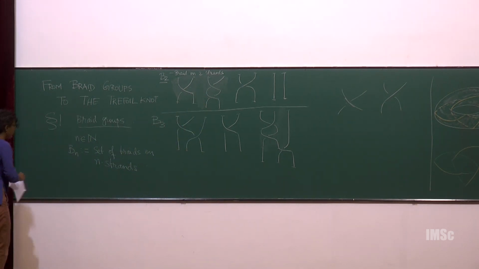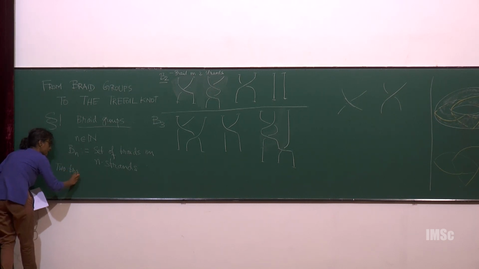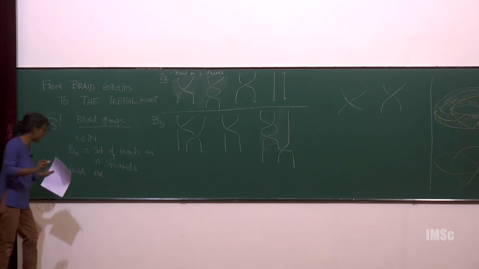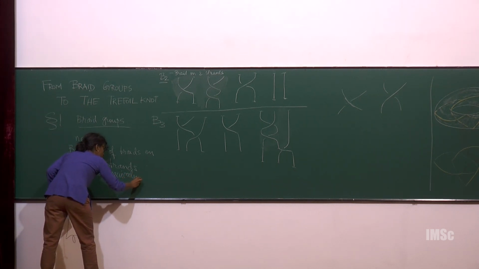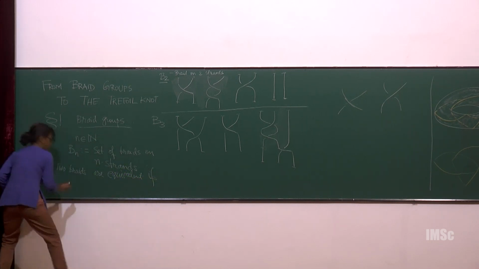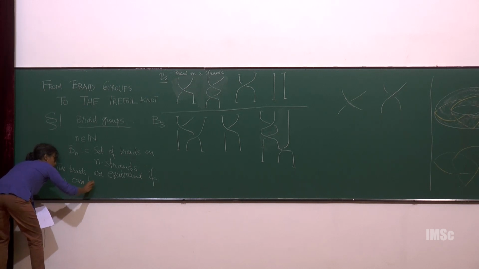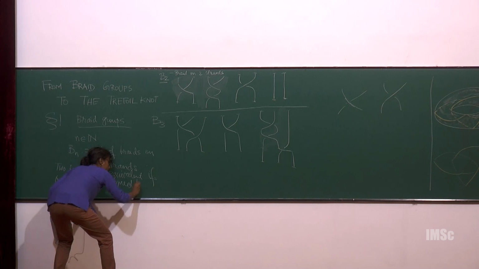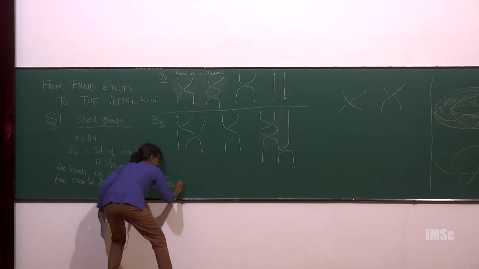There is one other thing which is part of the definition. 2 braids are equivalent, or you can think of them as the same object, if one can be deformed to the other without moving the endpoints.